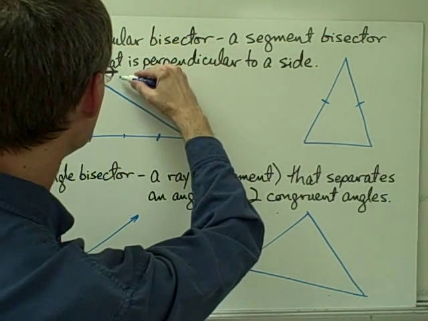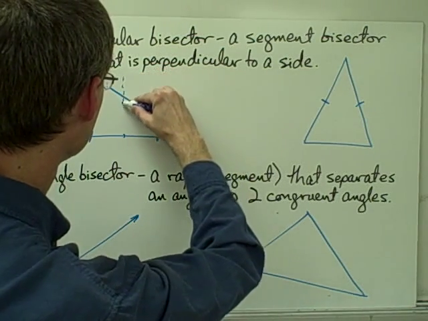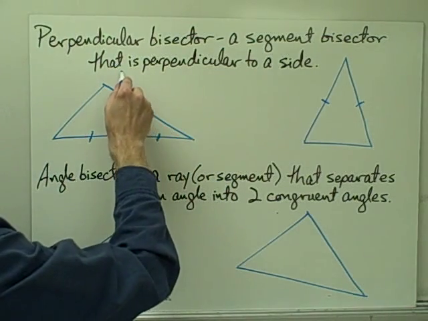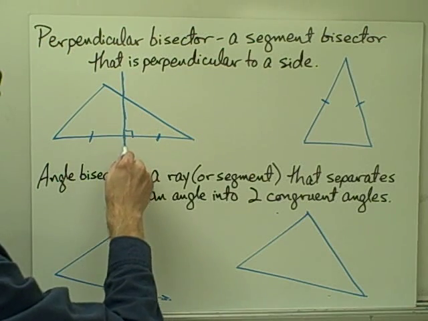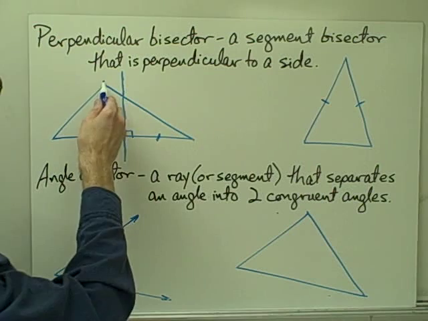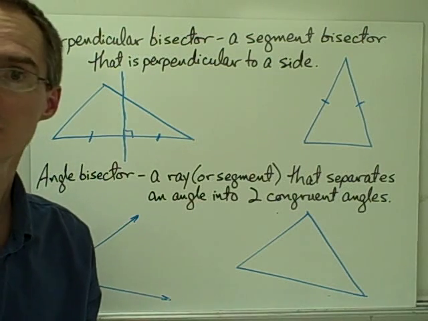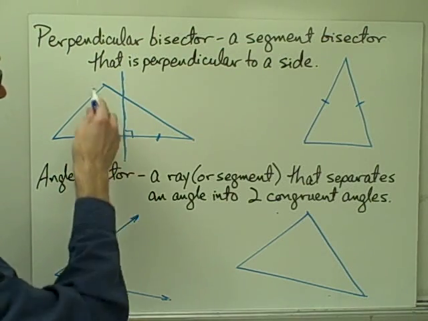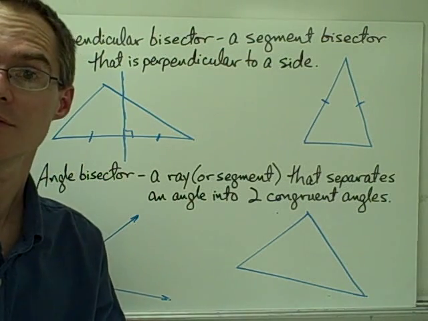So my perpendicular bisector is going to look like that. Notice that my perpendicular bisector does not go through any of my vertices. And sometimes that's the case. Depending on where your perpendicular bisector happens to fall, it may or may not actually go through a vertex.